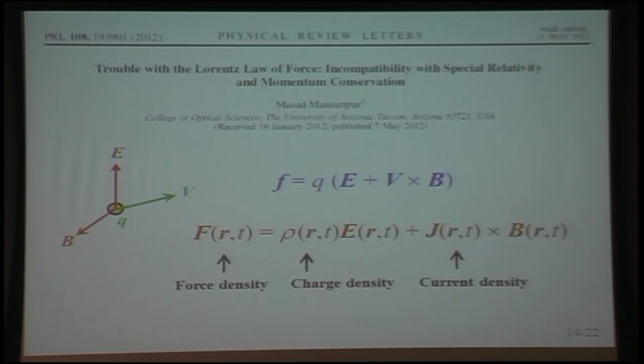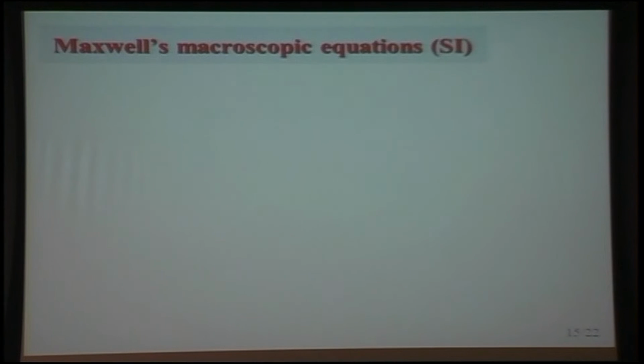If you have a continuum, you have to look at the charge density times the electric field, plus the current density, that's ρV, crossed into the magnetic field, and that gives you the total force density. These are Maxwell's equations, and I like to use the macroscopic equations because I believe these are fundamental, they are exact, they tell us most of the things we need to know about the electric dipoles and magnetic dipoles.